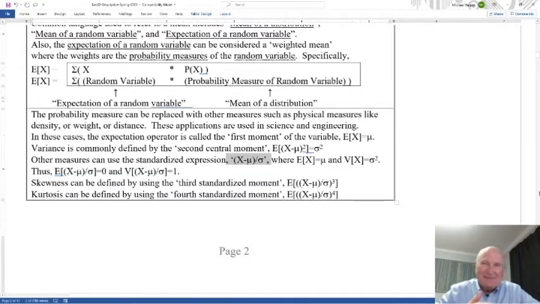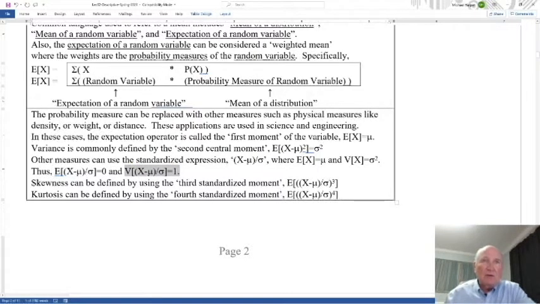It's a standardized expression. You're standardizing the error, x minus mu, about the variability, sigma, which is the standard deviation. Where the expectation of x is mu, the variance of x is sigma squared. Therefore, the reason they use this standardized expression is the expectation of that expression is 0. The variance of the expression is 1.